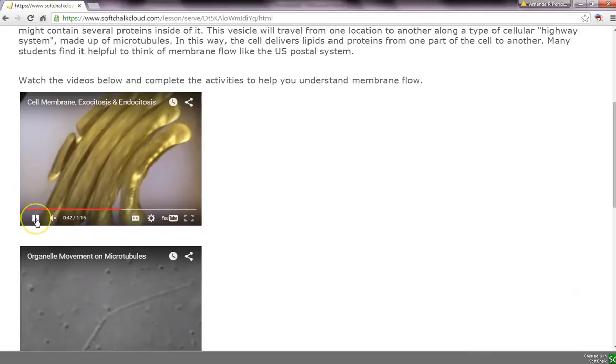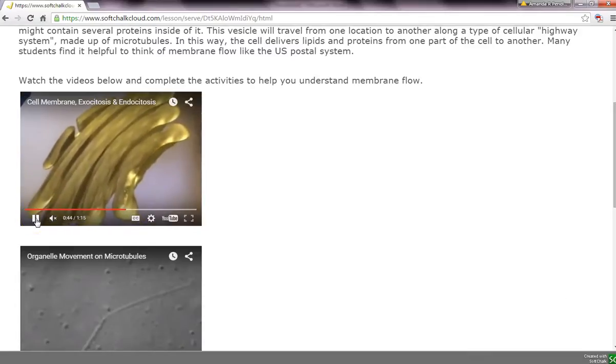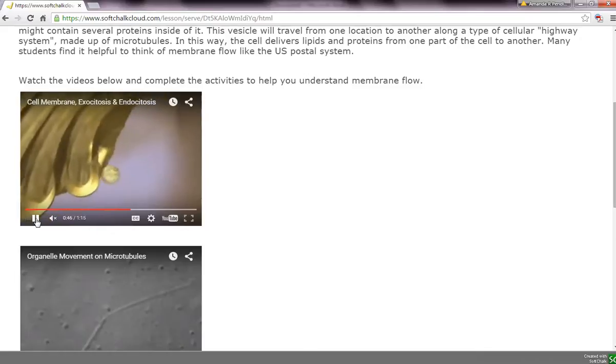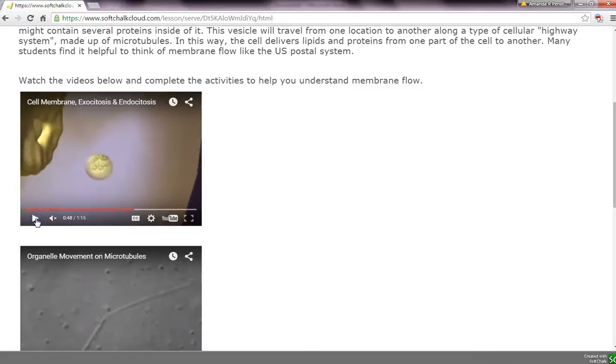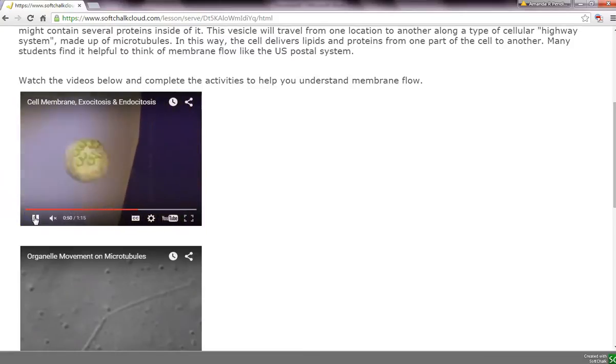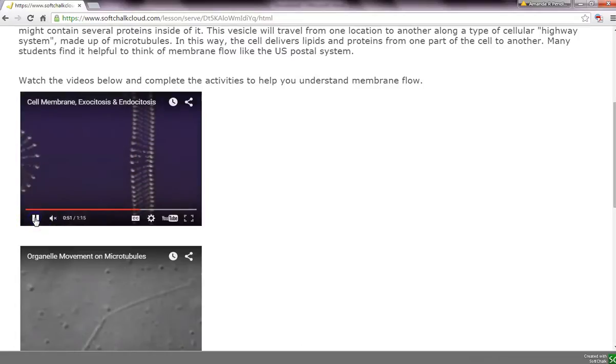becomes functional, and now we're going to have another vesicle pinch off, and this is our vesicle, we've got our protein inside. It's headed to the plasma membrane. Now, this is showing the plasma membrane. You should recognize those phospholipids with the head and the tails. Okay. So let's get a close-up view, and here's our vesicle.